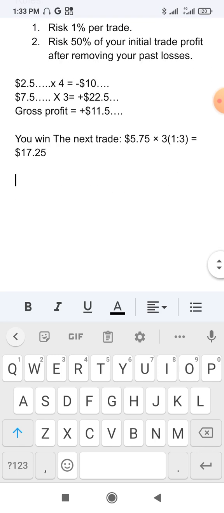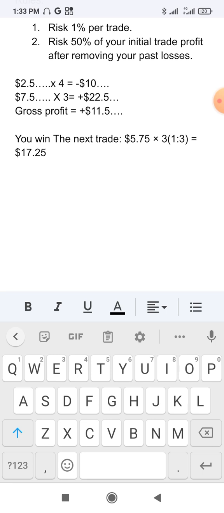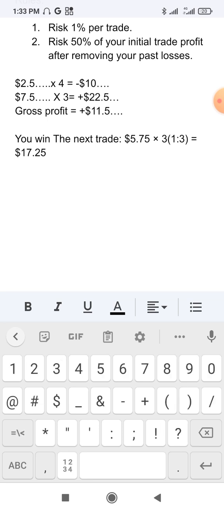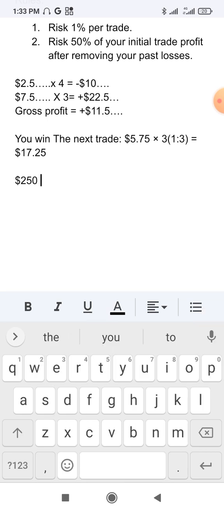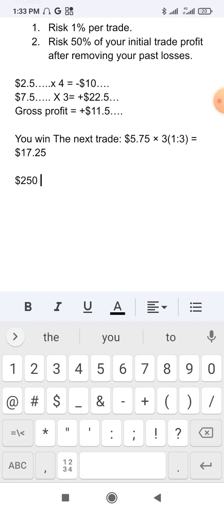So you can decide to follow through with this, or you can decide not to. Now the question that might be on your mind is, how do you know how to risk appropriately? Say I'm risking 1% of $250, which is $2.5.